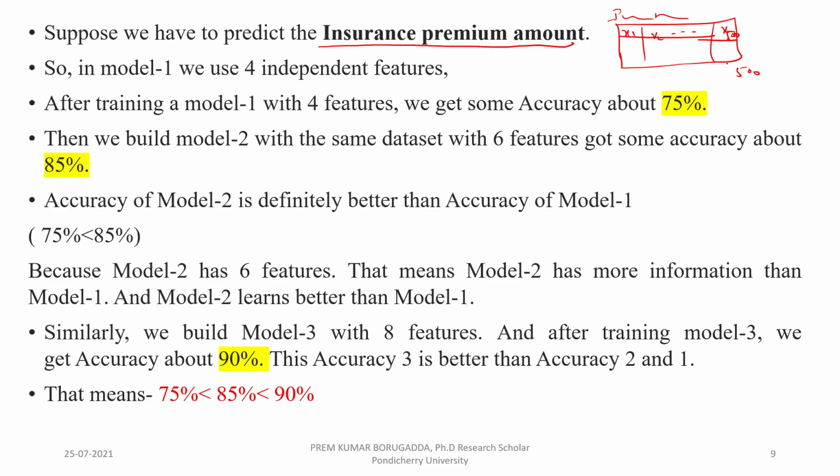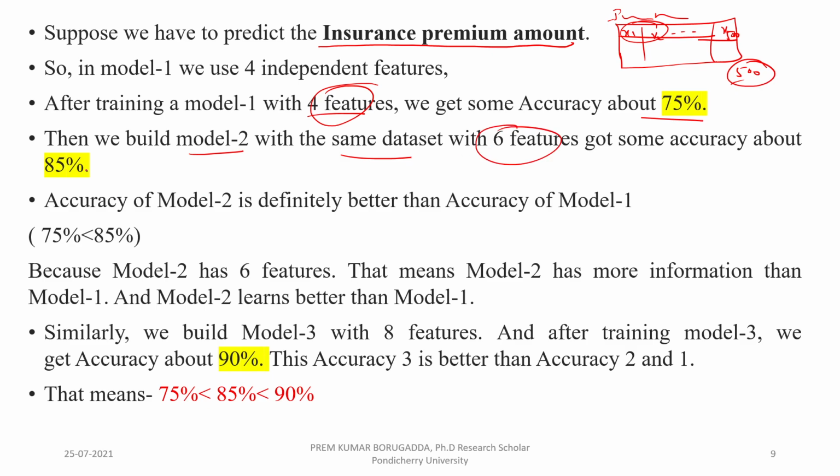Out of the 500 features, I have randomly taken only the first 4 features. I train the model on these 4 features and get 75% accuracy. Then next time I choose another model on the same dataset with 6 features.